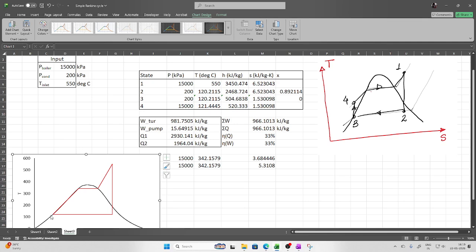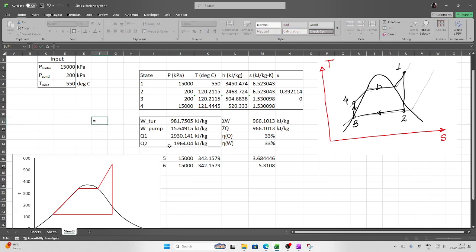Can you tell? Yes, you have guessed it right, because the turbine work is 981 and the pump work is 15.6. If you try to compare how much turbine work there is in comparison to pump work, it will come out as 62.7% more. So this line is 62.7% more in comparison to this, or this pump work is 62.7% less. So how can you see it? That's why you are not able to see.